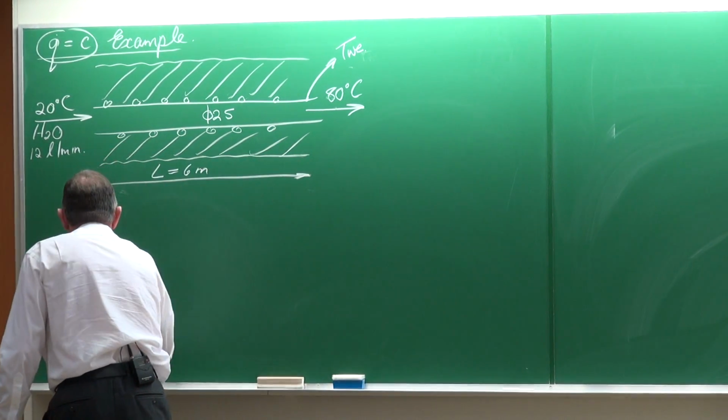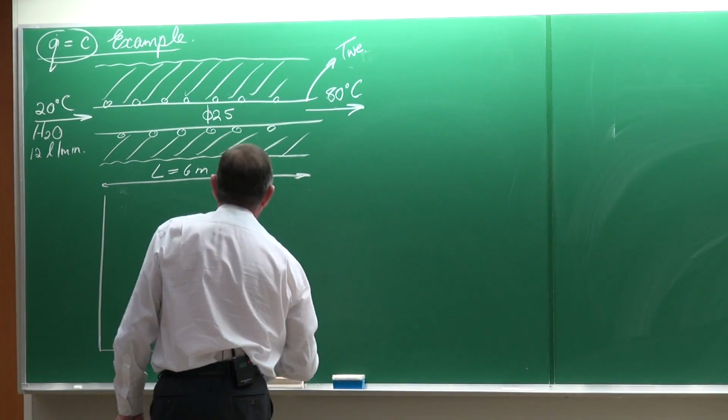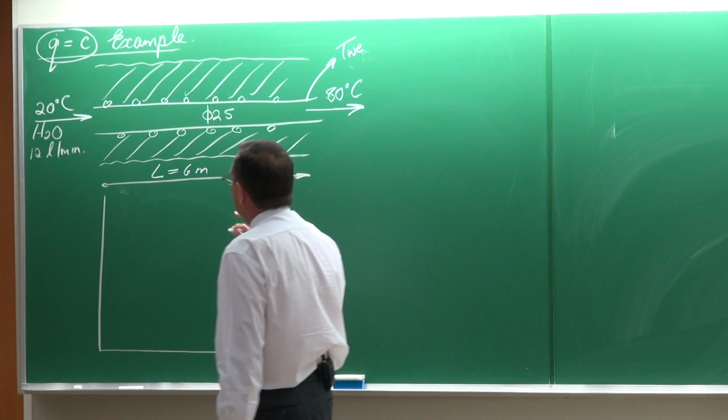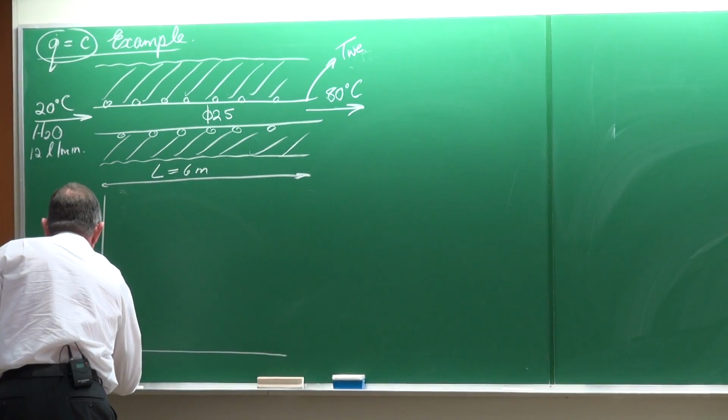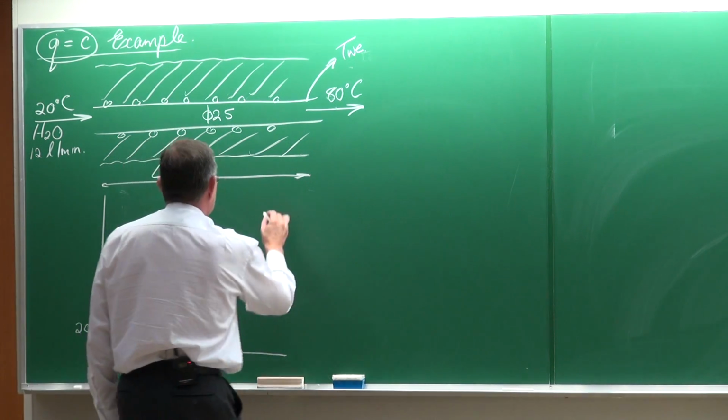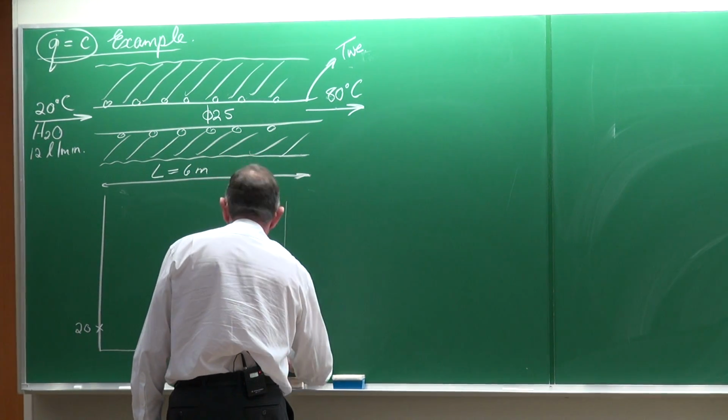Very important, I always recommend that you make a sketch. And if you look at this problem, our water temperature is going to be, inlet is 20, and the outlet temperature is going to be 80.